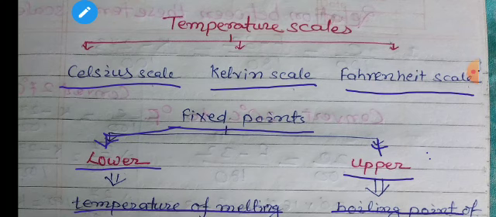The selection of these temperatures as fixed points is due to the fact that the temperature of melting ice and the temperature of boiling water at a given place are fixed. Another reason to choose water to standardize the thermometer is its availability all over the earth.